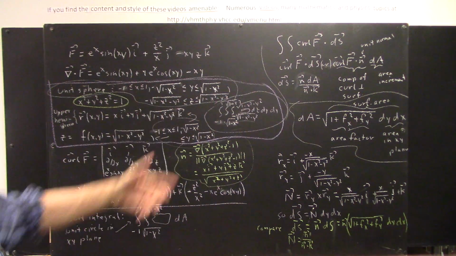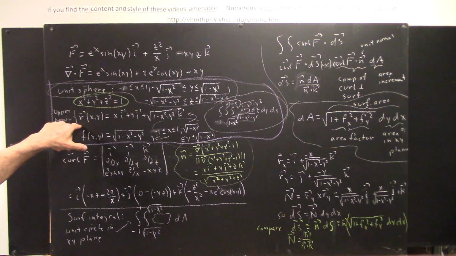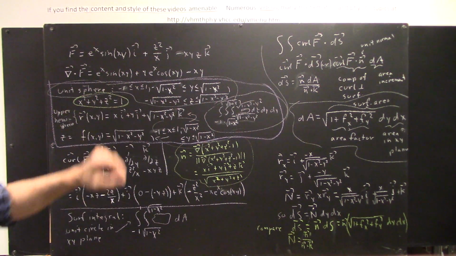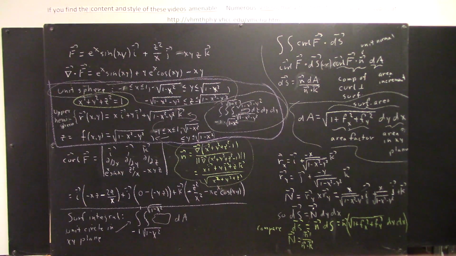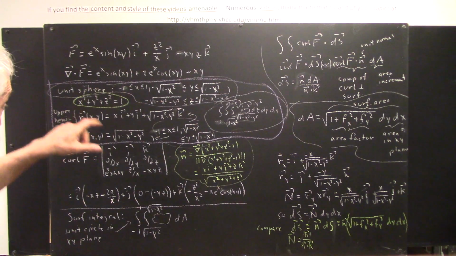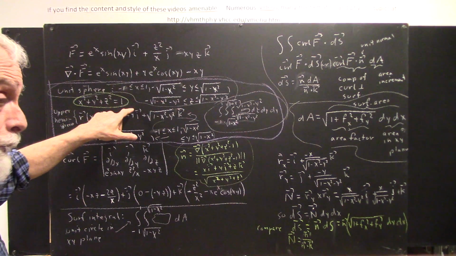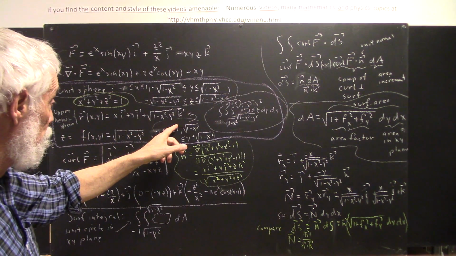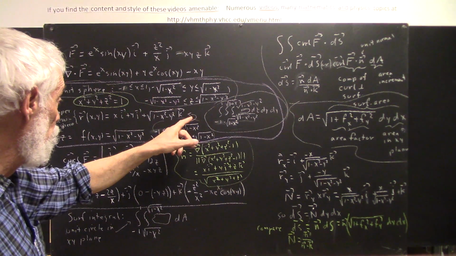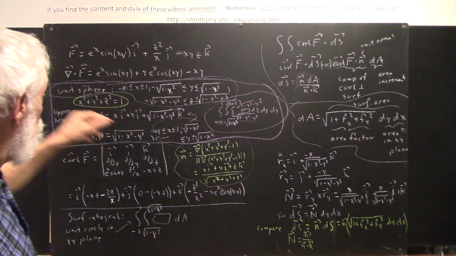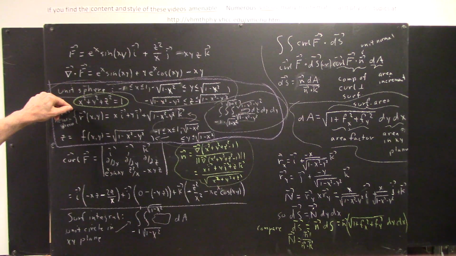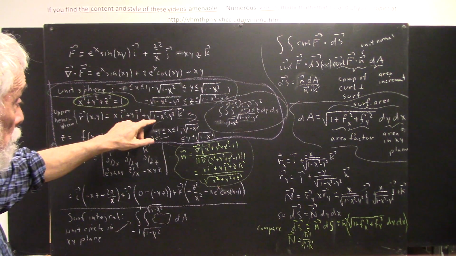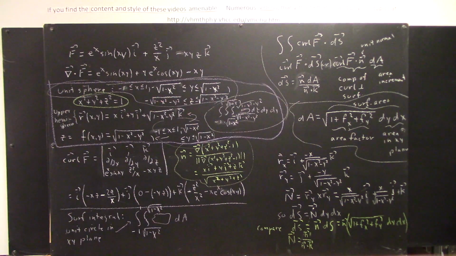That's a parameterization that gets us from the origin to the point xyz. Since x squared plus y squared plus z squared equals 1, we can solve for z, and we get square root of 1 minus x squared minus y squared.